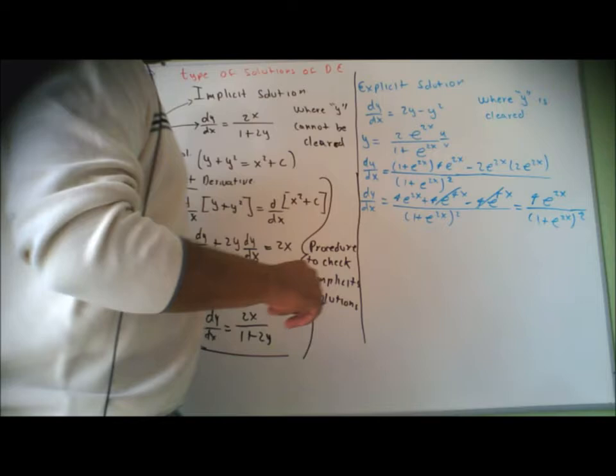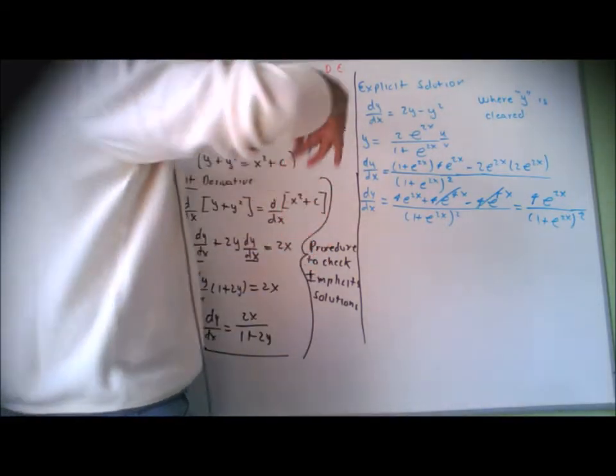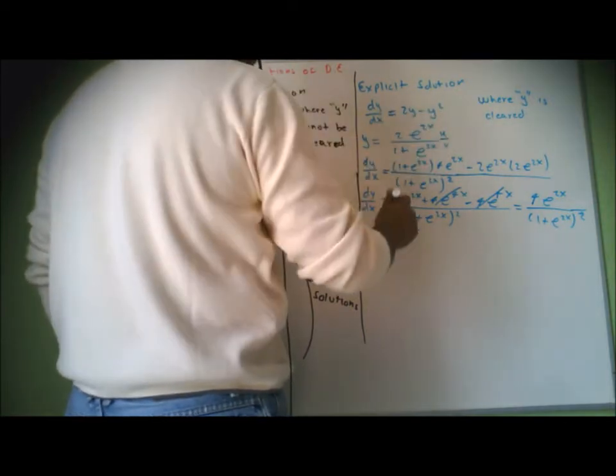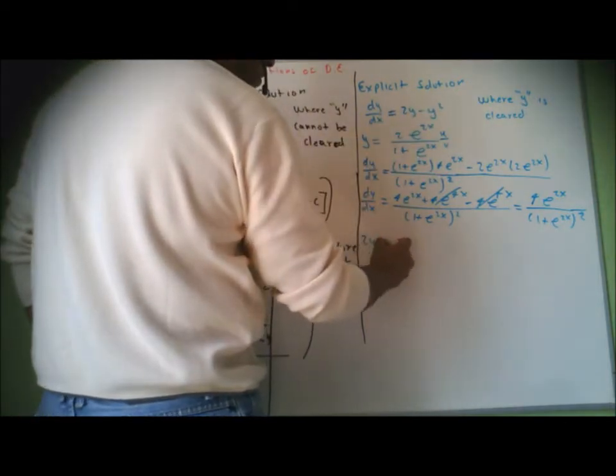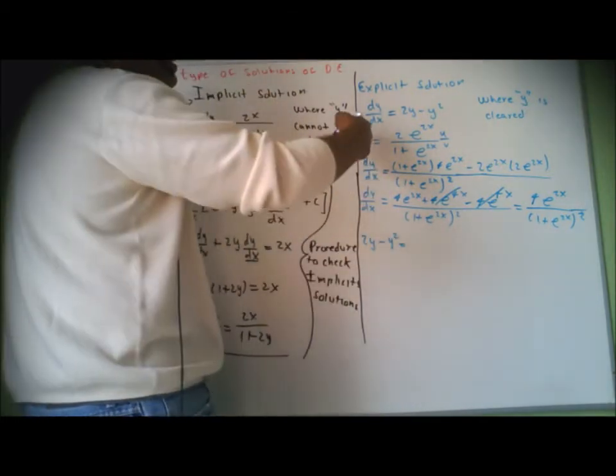Okay, now that was the left side of the differential equation. Now let's do the other side. On the other side, what we have to do is 2y minus y squared. Here is the solution, because it is an explicit solution.